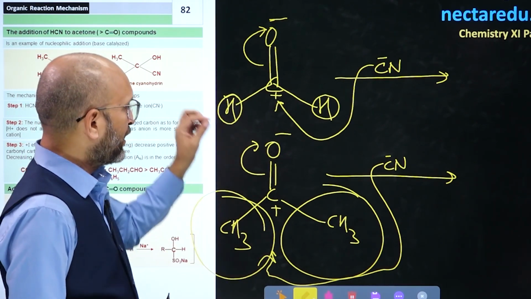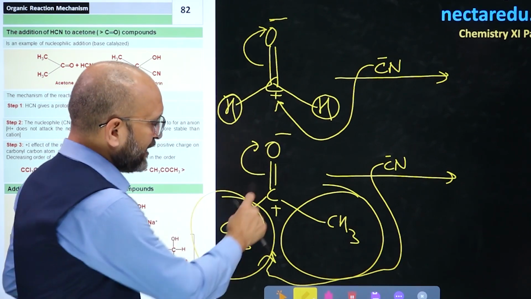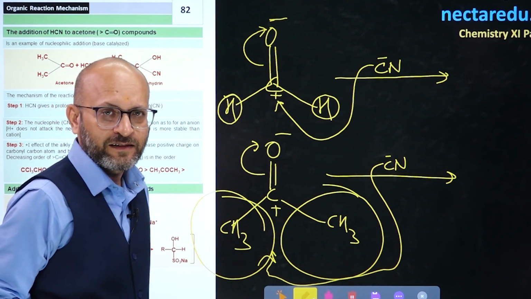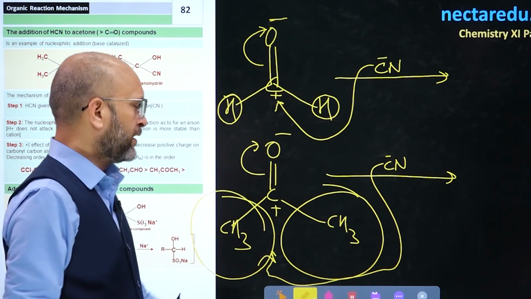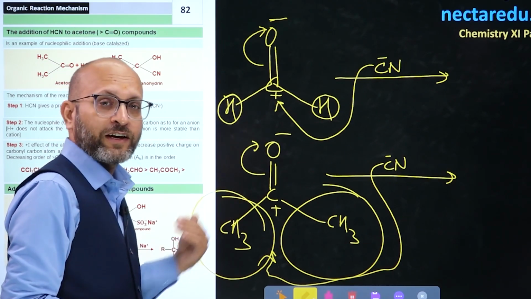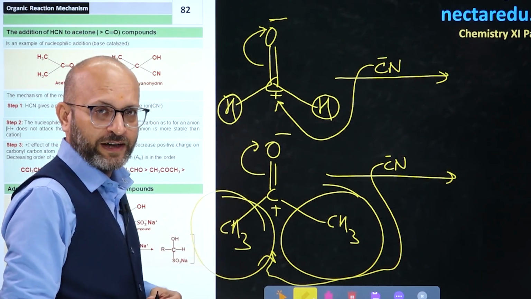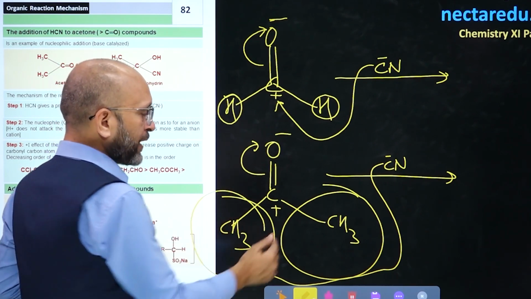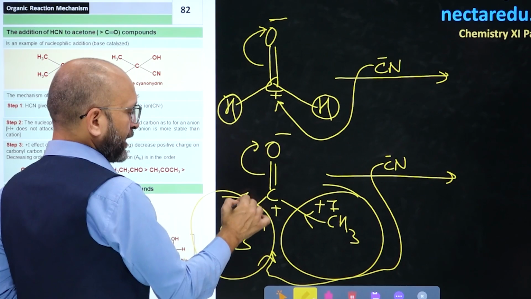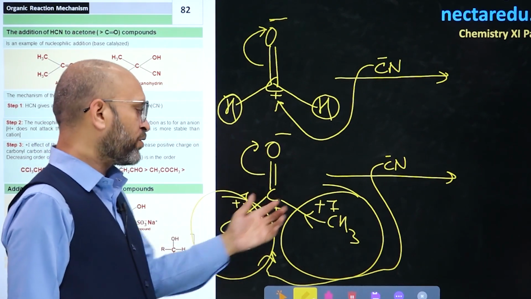Next, you can easily figure out that we need more positive charge so that CN minus, or any nucleophile for that matter, can attack. So more positive charge is required. So we need electron withdrawing groups, not electron donating. The methyl group applies plus I over here, and from here plus I as well. So we have two electron donating groups.